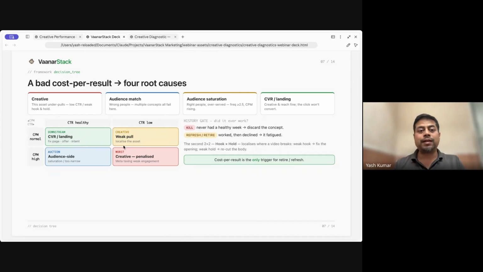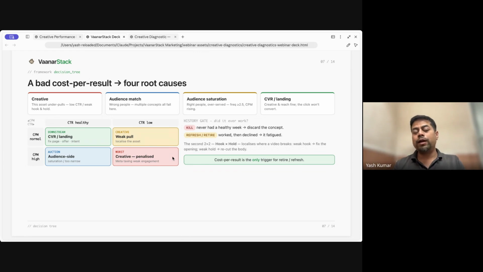If the CPM is high and CTR is healthy, there is some issue maybe on the audience side. If CTR is low as well as CPM is high, it is something which is not working at all, like the creative itself is not working, and that is penalized. And we decide actions based on these numbers.